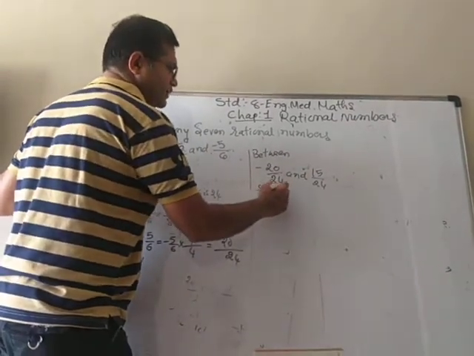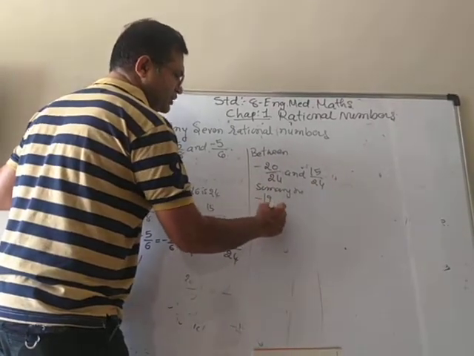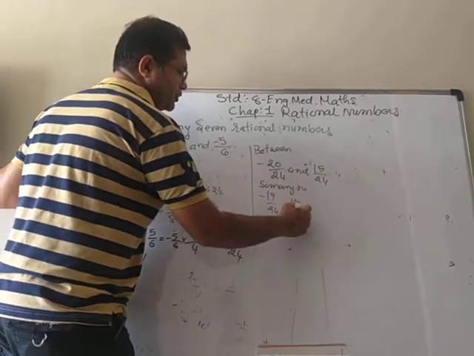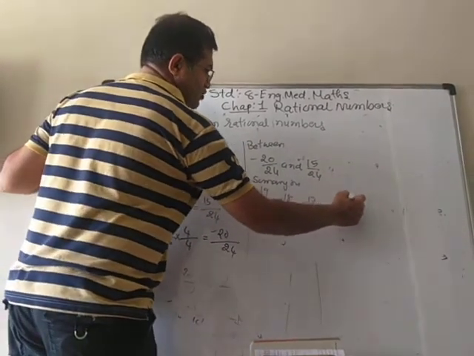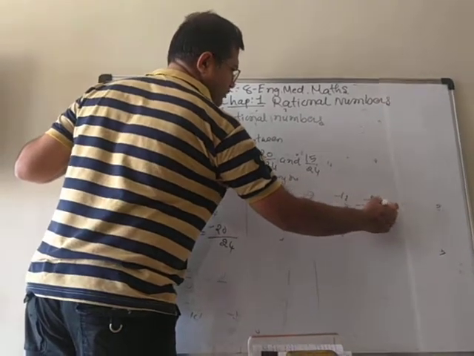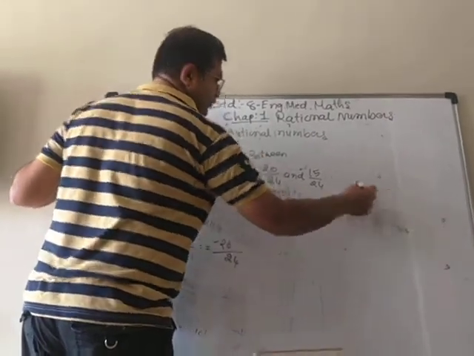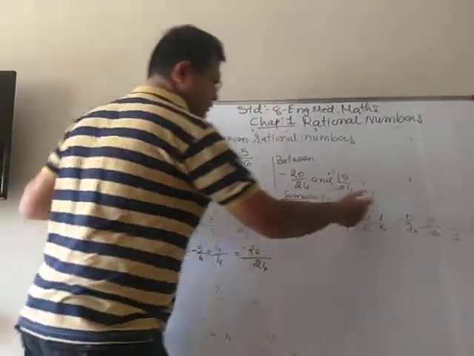So many numbers are there, like minus 19 upon 24, minus 18 upon 24, minus 17 upon 24, minus 12 upon 24, minus 5 upon 24, 0 upon 24, 1 upon 24, 2 upon 24, up to 14 upon 24.